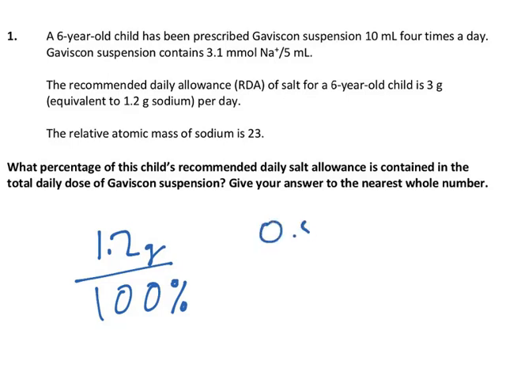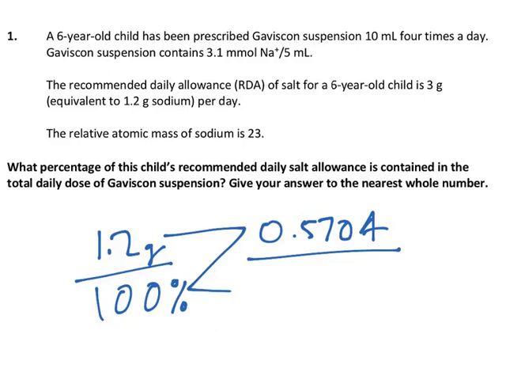So with the easy Z method, I'm missing that, so I'm going to go that way, then that way, then that way, which is my Z. Remember, that's divide, and that's multiply. Okay, so I'm going to divide 0.5704 by 1.2. I'm going to multiply it by 100 to give me a percentage.